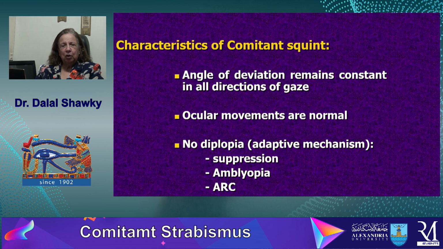Normal retinal correspondence means that the fovea of the right eye is seeing at the same time as the fovea of the left eye, and the image falling on the right temporal retina corresponds to the image falling on the left nasal retina, and so on. Here, an extrafoveal point of the squinting eye corresponds with the foveal point of the normal eye, and this is considered a complication.